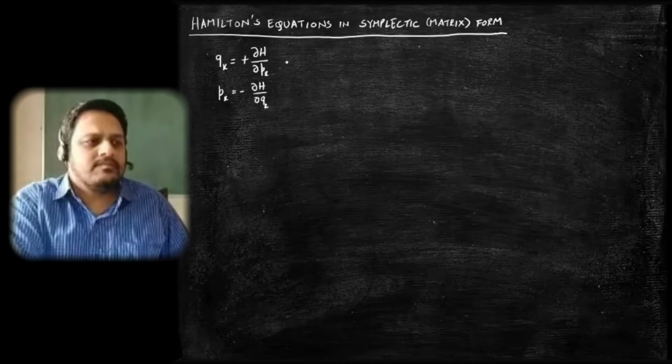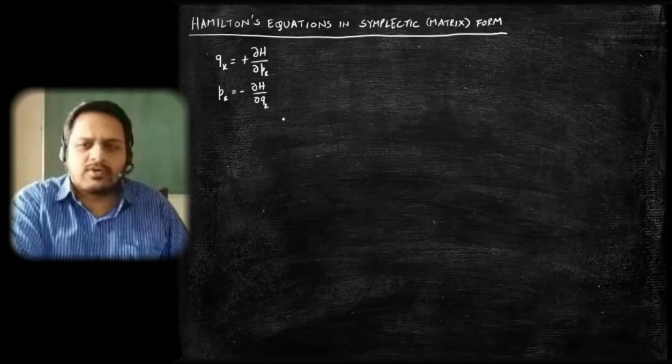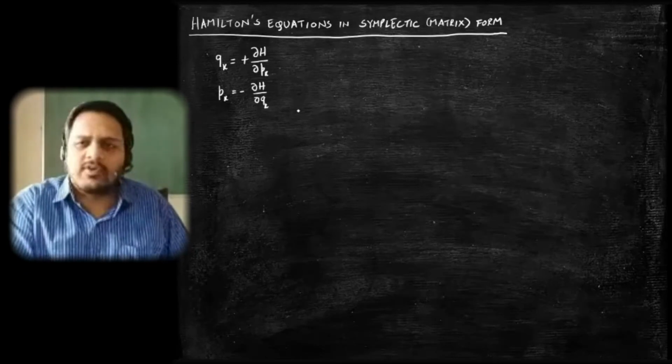Now, when I write these two equations, it is not two equations. k goes from 1 to n.